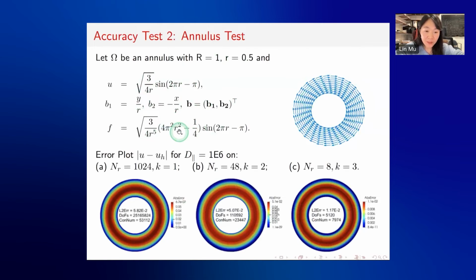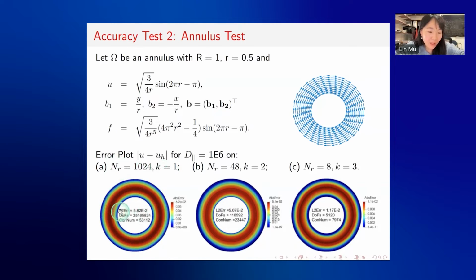Now let's run the numerical test on different meshes with different polynomials. For example, we choose the division number for the radius direction as 1024 with the linear DG method. Then we consider the scheme and plot the error.